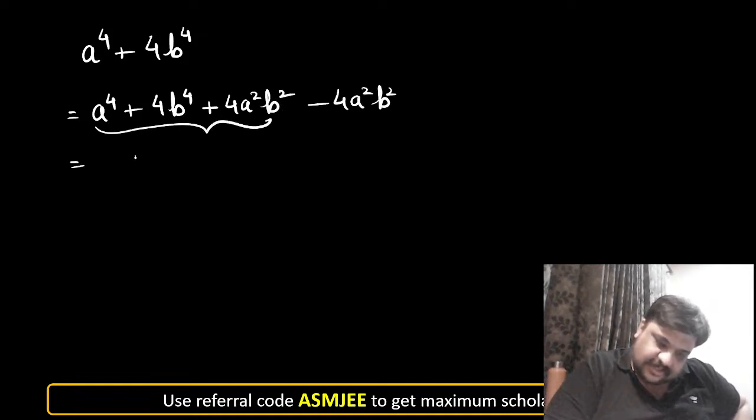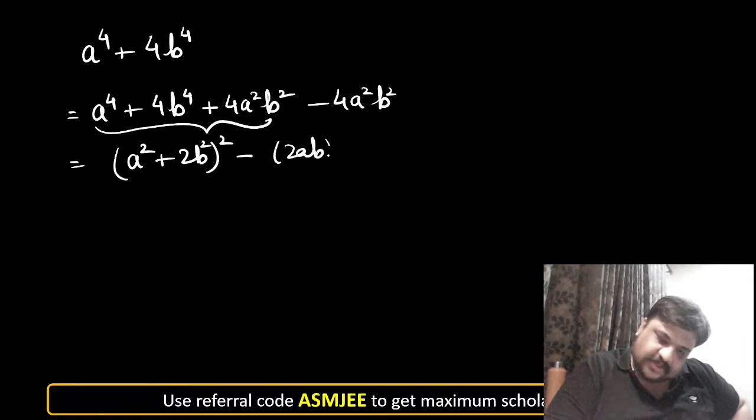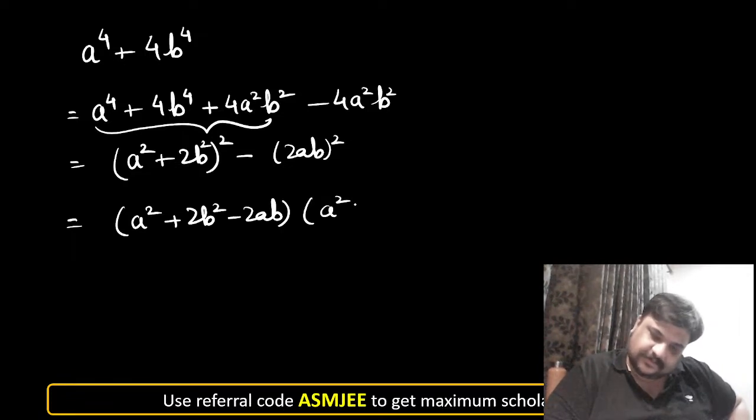This becomes (a square plus 2b square) whole square minus (2ab) whole square. So there are clear-cut factors. They are just a little hidden.